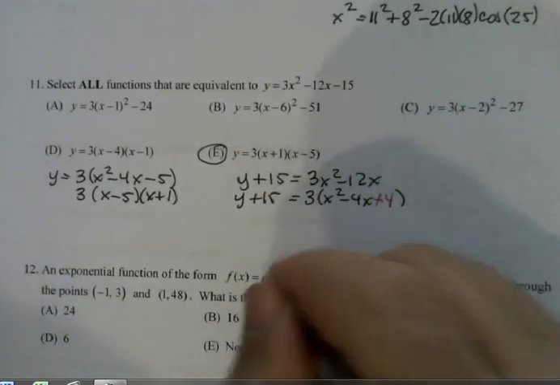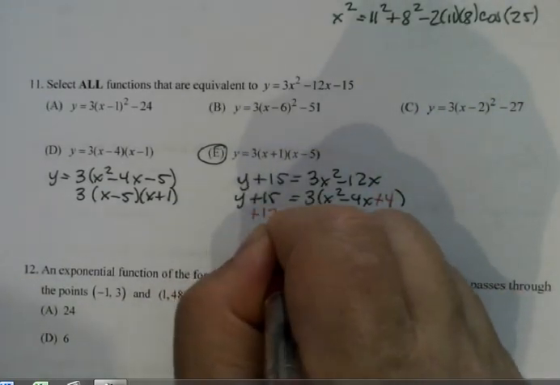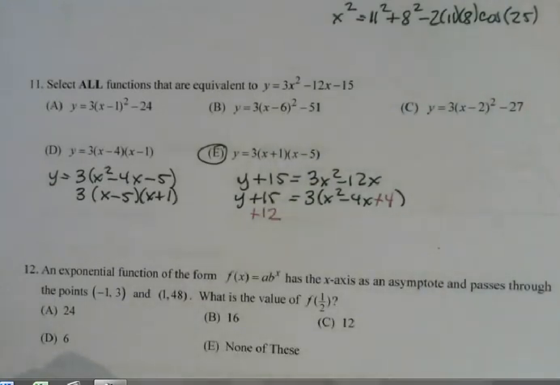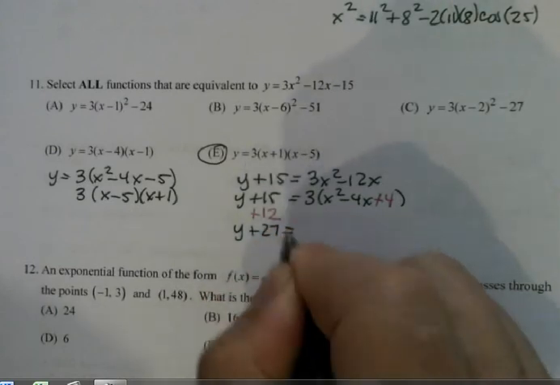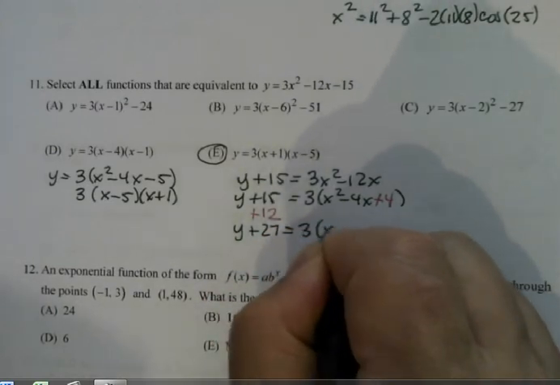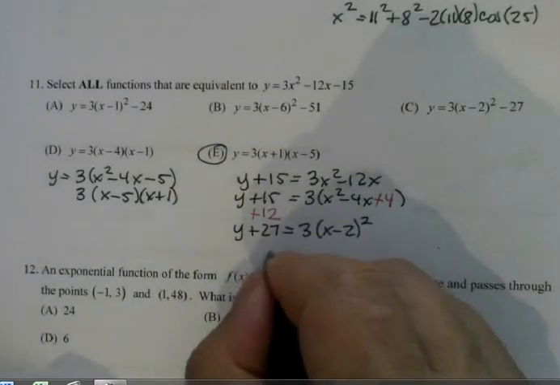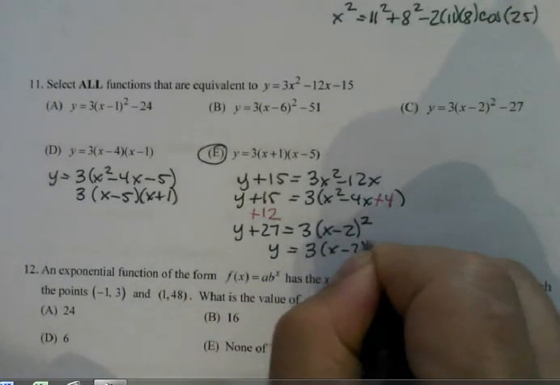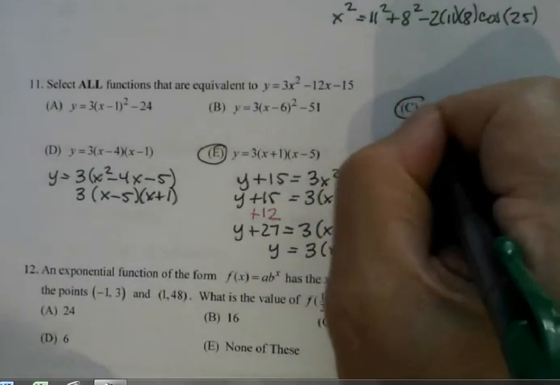So I added 4. 3 times 4, I've got to add 12, because I added 12 to this side, I've got to add 12 to the other side. Now, this gives me y plus 27 equals 3 times x minus 2 squared. So I get y equals 3 times x minus 2 squared, minus 27, and that was C.